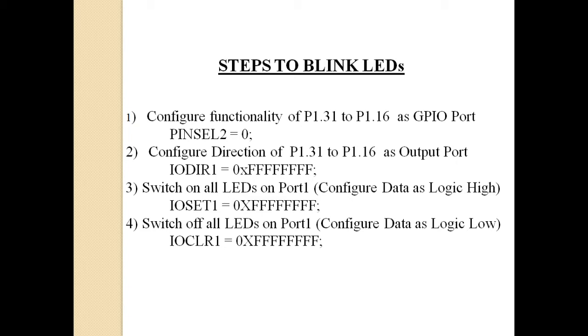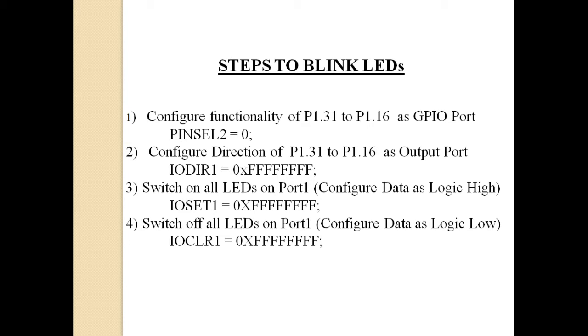Say in my example you are going to connect an LED to P1.16 to P1.31. So what should be the direction of those pins? Those pins should be configured as output pins or output port pins. That means the direction of those pins should be output. Why? Because LED is an output device.